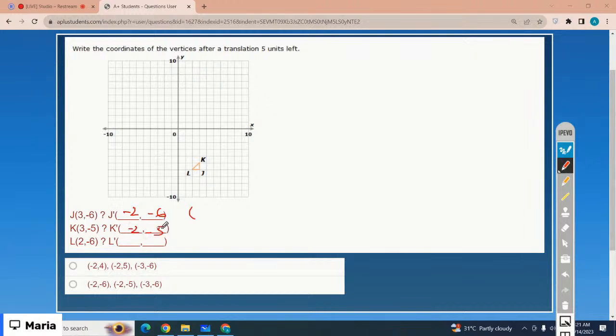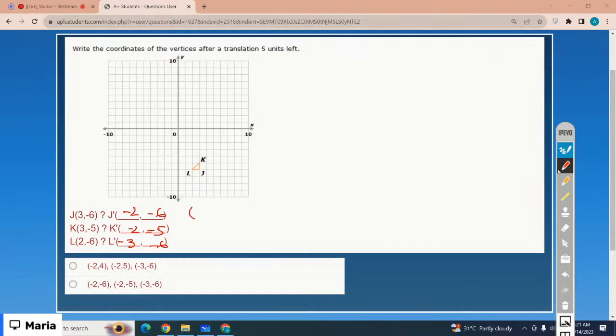Negative 2, negative 5. 2 minus 5, negative 3, negative 6. So you have to basically subtract 5 from the x coordinates, right? Because you are moving left, so just the x coordinates are changed.